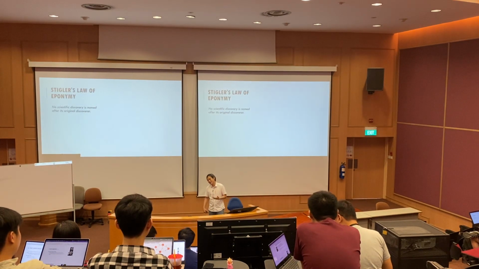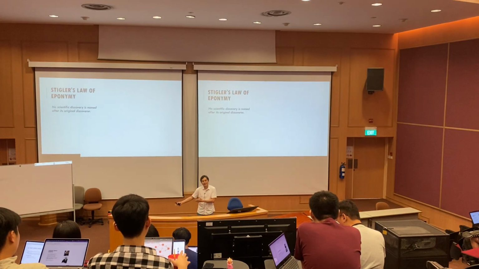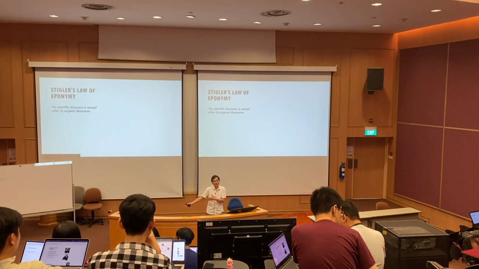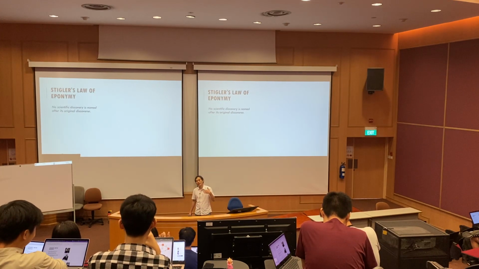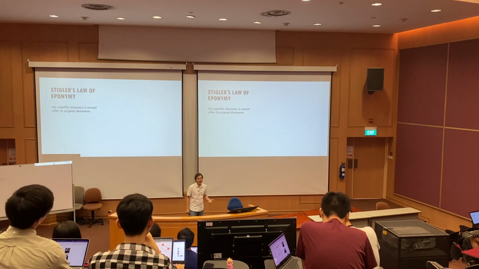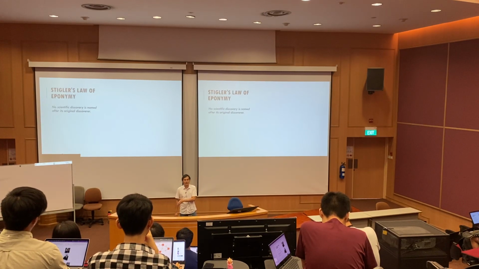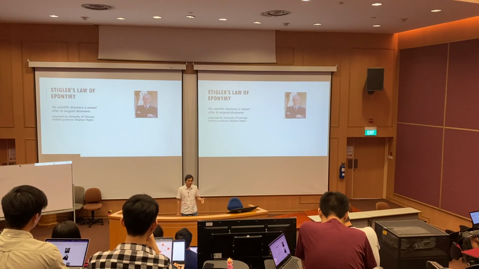So I'm going to tell you a little bit of a side. There's something called Stigler's law of eponymy. The law states this: no scientific discovery is named after its original discoverer. It was proposed by University of Chicago statistics professor Stephen Stigler.